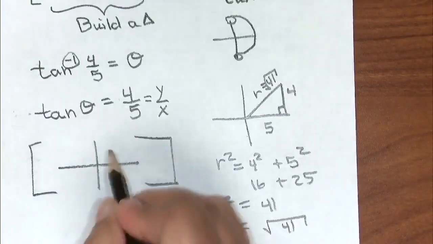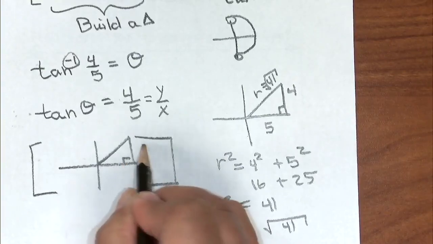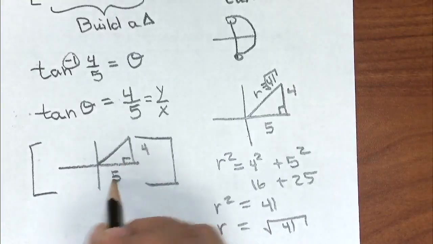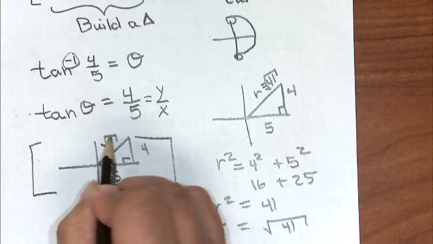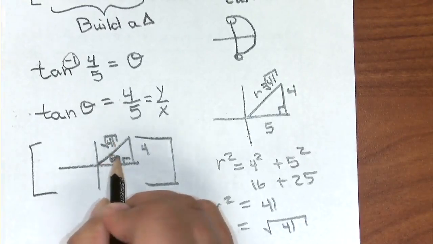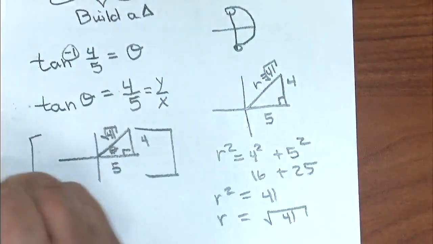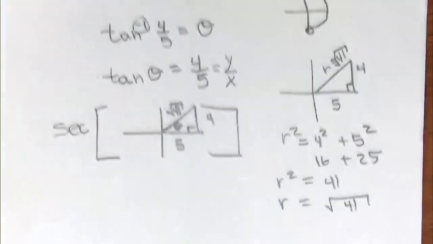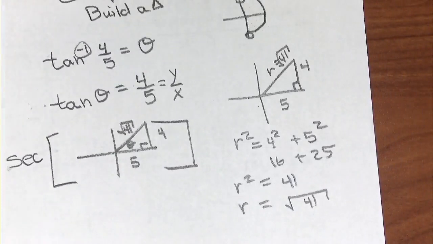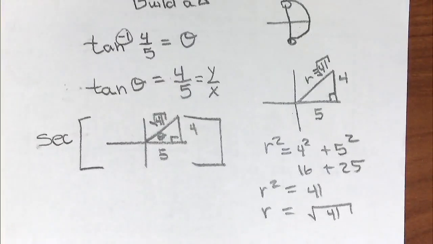So right now, what I built in the middle is a triangle that has a 4 here, a 5 here, and the square root of 41 here, and a theta that I am never going to find out what it is. Go put the word on the outside now. Drop down that word and continue the problem. Off the triangle that we just built, which we began with that inverse statement, now we're going to answer the final question.